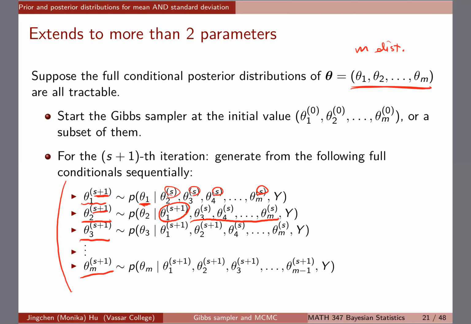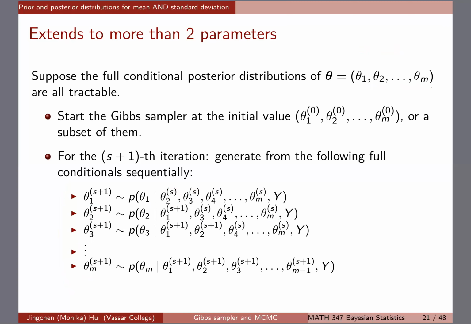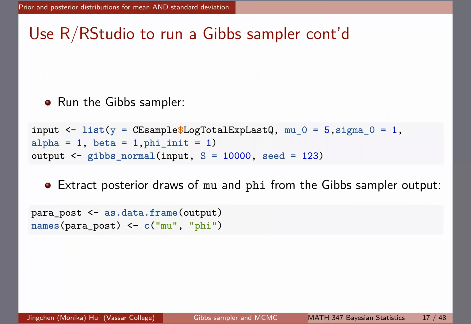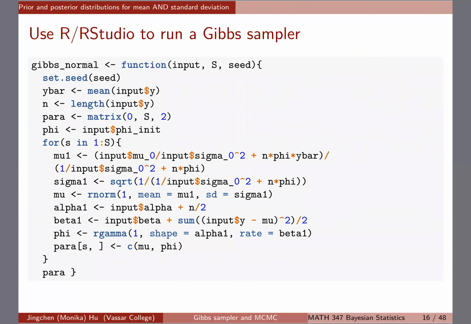Earlier, we had a chunk about mu and a chunk about phi. Now imagine a chunk for theta 1, a chunk for theta 2, up to a chunk for theta m, all done in one big group. That's how you extend it to a multiple parameter model.